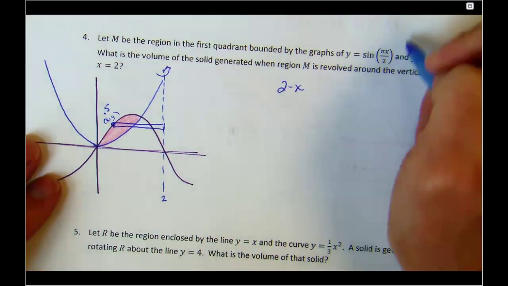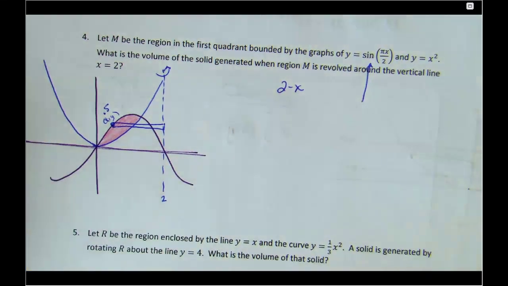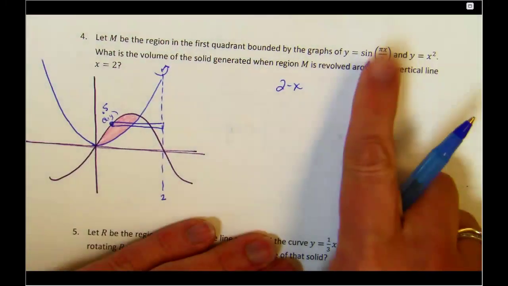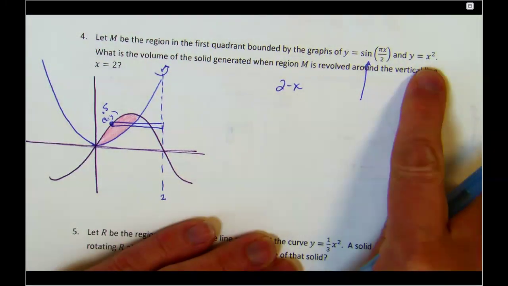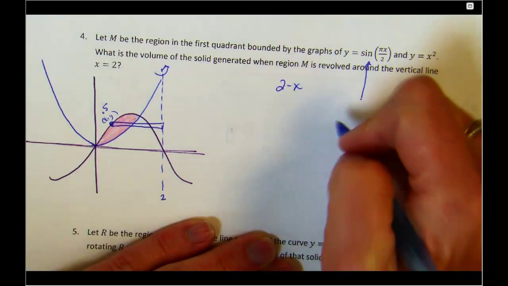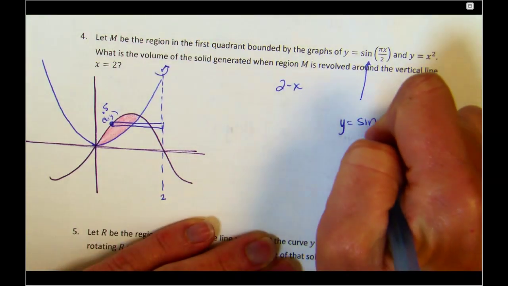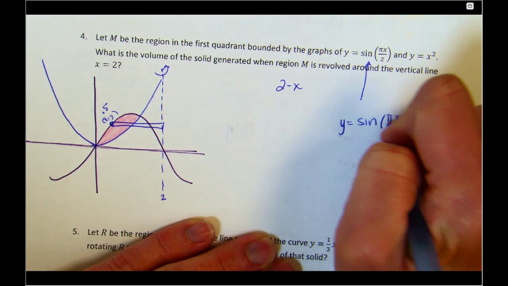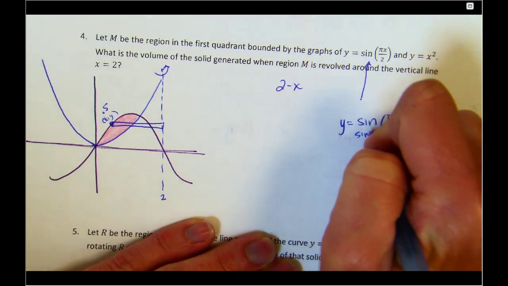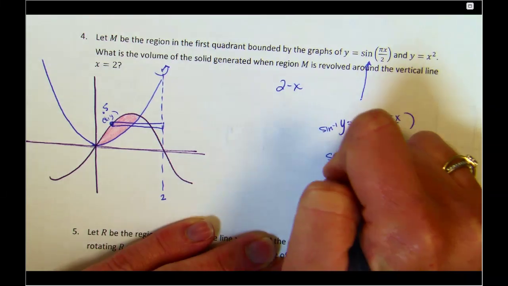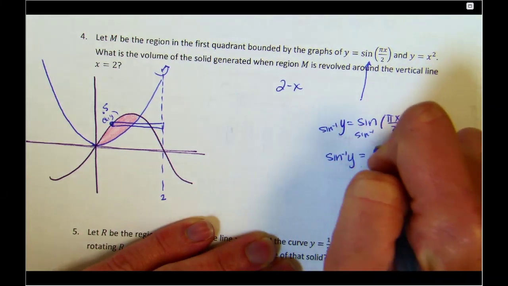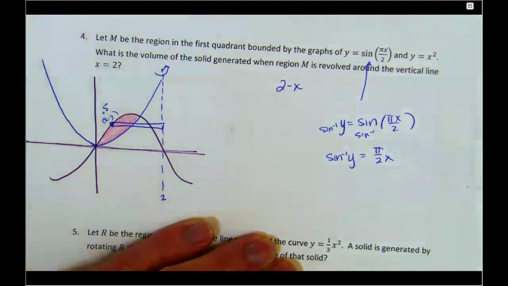Now, you do have to get x by itself. We will review that here. If you're trying to get x by itself with this equation, what do you have to do? Inverse sine. So sine inverse of y equals pi over 2 x. Now what?